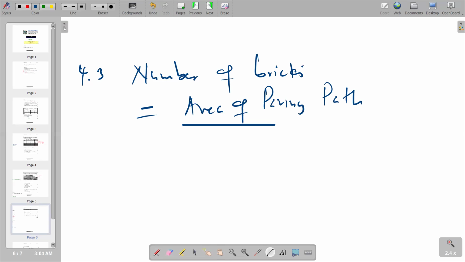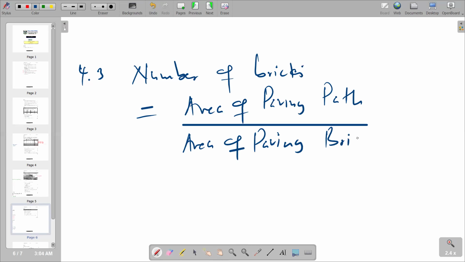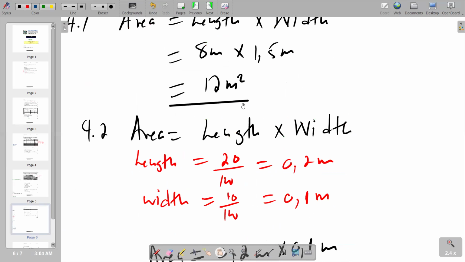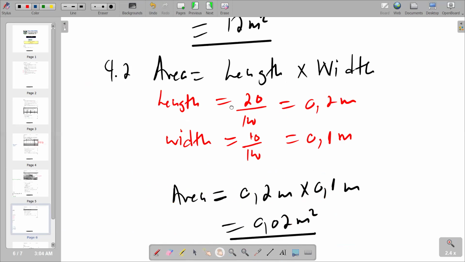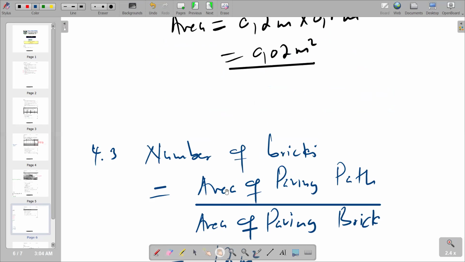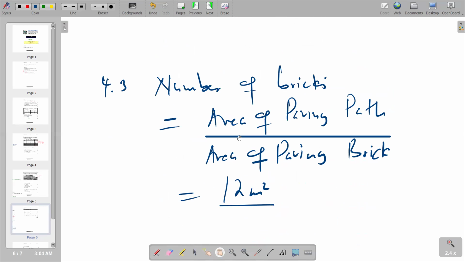And we divide by area of paving brick. So according to our area of paving path, we got it as 12 meters squared. So it's going to be our numerator. It will divide by area of a paving brick, which we got as 0.02 meters squared.